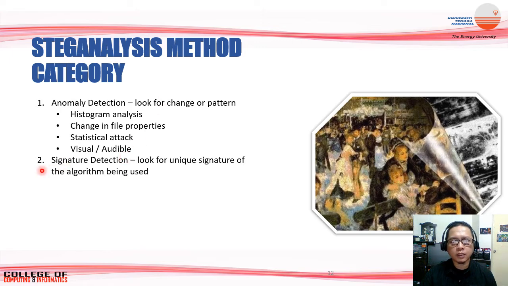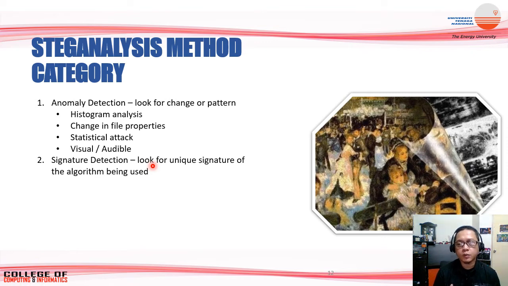Secondly is signature detection, where you attempt to look for the unique signature of the algorithm being used. This is very important because sometimes it is not always ideal to have or intercept the cover image that is being used, and usually we could intercept only the stego object, the object that already has the secret message there to be analyzed.